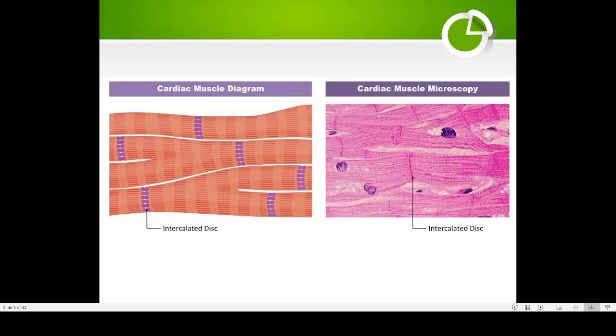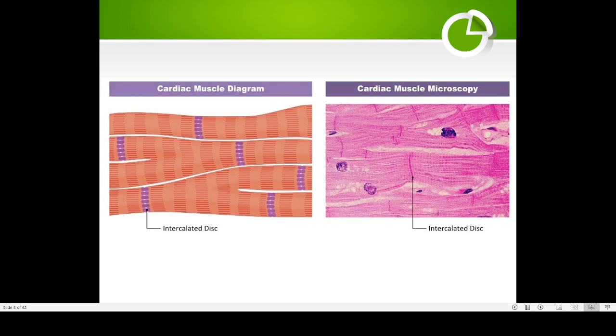Now one important feature of a cardiac muscle is that between two cardiac muscle cells there is a junction, and that junction is known by the name intercalated disc. So the intercalated disc is the junction between two adjacent cardiac cells. That is another important peculiarity that we find in cardiac cells.